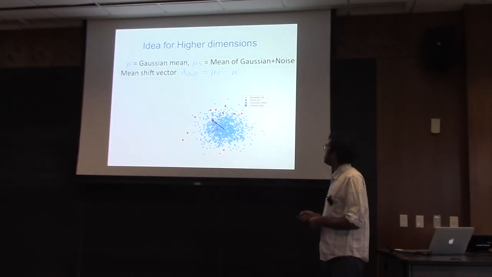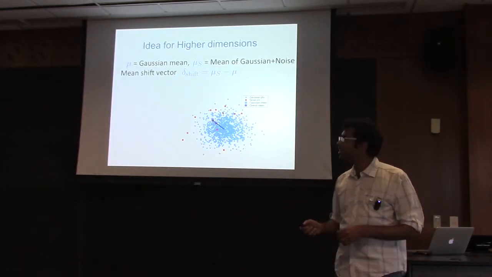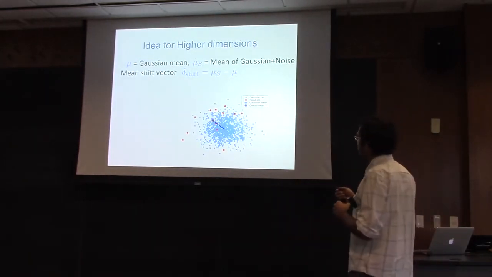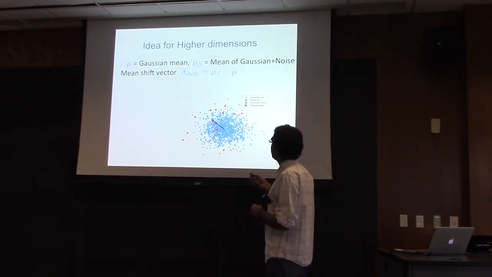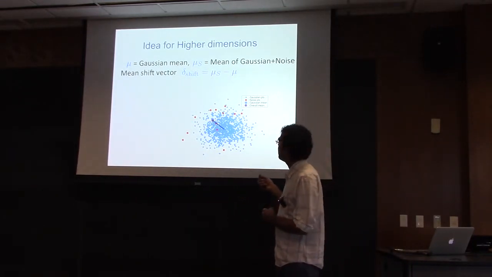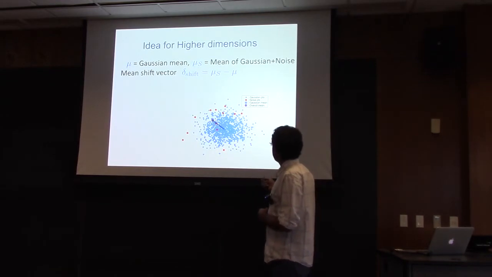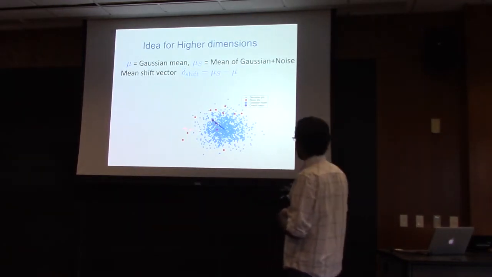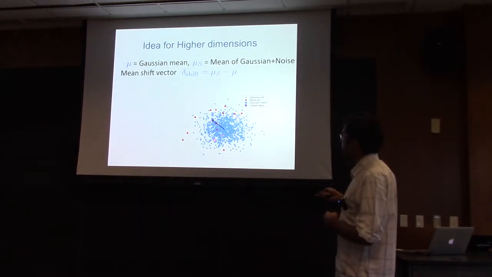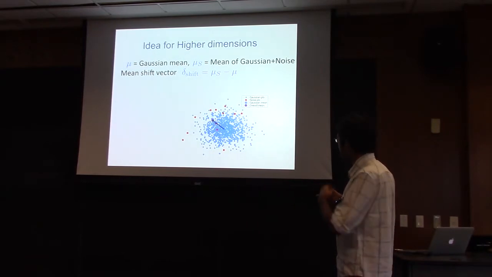Okay, so let me give some kind of a motivation for our algorithm. In higher dimension, consider this to be the case. Here the red points are chosen by the adversary, blue are the Gaussian points.